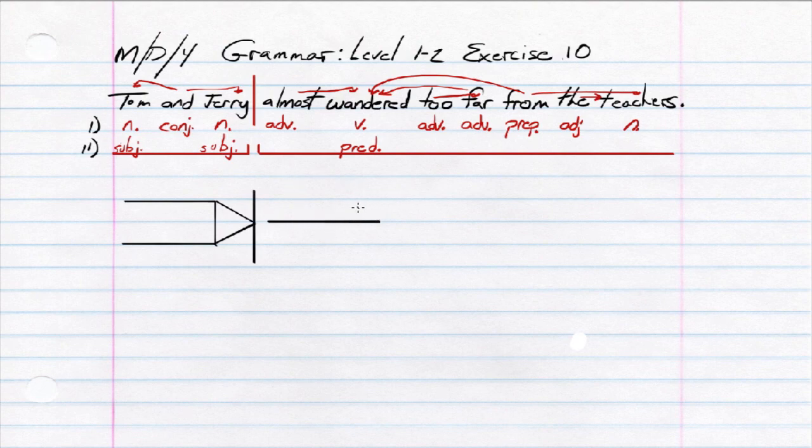So here is going to be our simple predicate. Every other word modifies that simple predicate, and so they're going to belong underneath of it. So I can tell you right now that we've got one word that works alone. We have another word that works alone, however, it is intensified by a second word. We are also going to have a prepositional phrase. This is the drawing for a prepositional phrase.